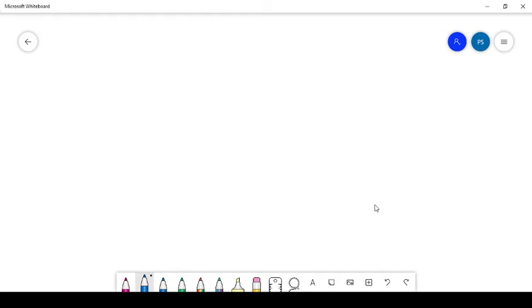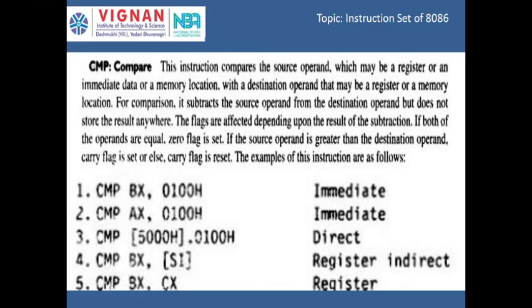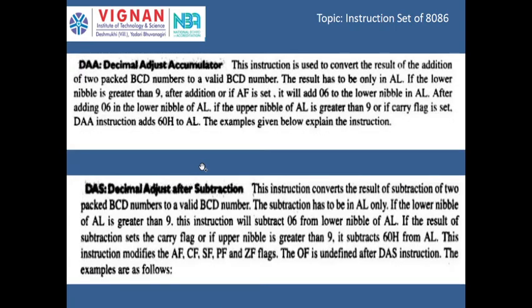Now we'll go for other arithmetic instructions. The next important instruction is DAA, decimal adjust accumulator, and decimal adjust after subtraction. This instruction is used to convert the result of addition of two packed BCD numbers to a valid BCD number.